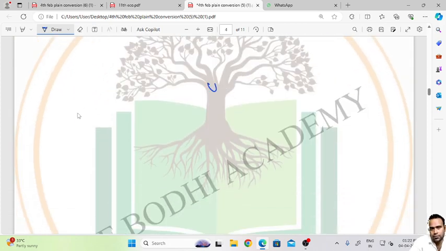Union Executive. Suppose these are the ministers 1, 2, 3, 4, 5.